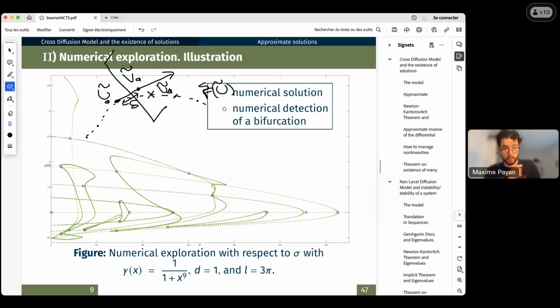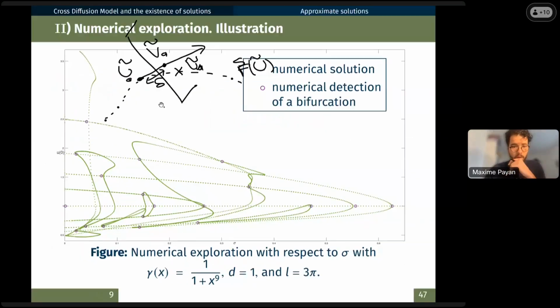So I repeat this to get this big bifurcation diagram. On the abscissa, this is sigma, the first element of the U tilde vector. And on the ordinate, this is a projection of capital U. This is just the y-intercept of the little u, just a choice of projection.